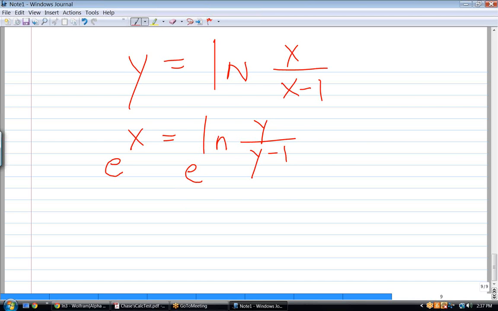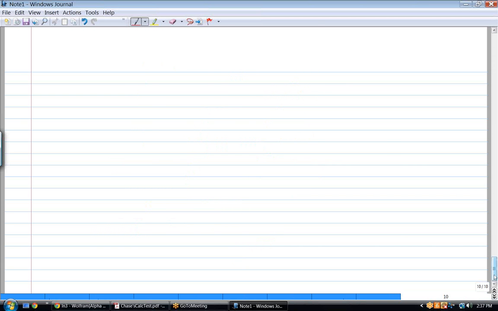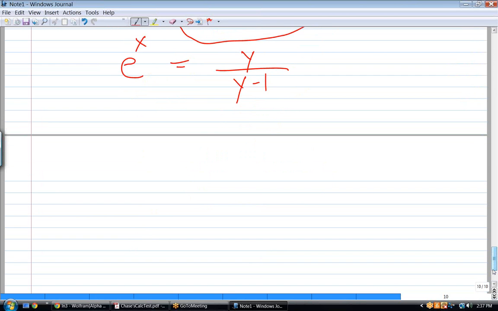Well, now I have a rule for this. E raised to the natural log of some argument is equal to that argument. So that's equal to y over y minus 1. So now I'm there. Still not totally obvious how to solve for y, but basically we're going to solve it like we would any equation.